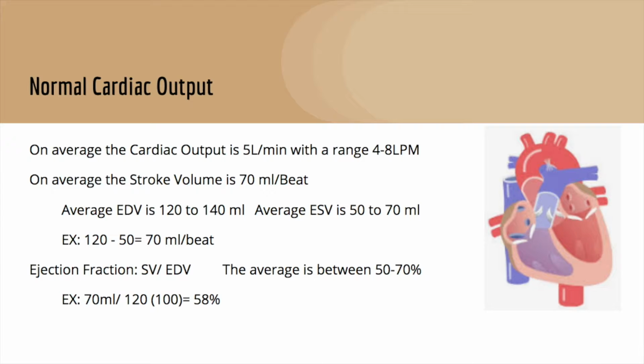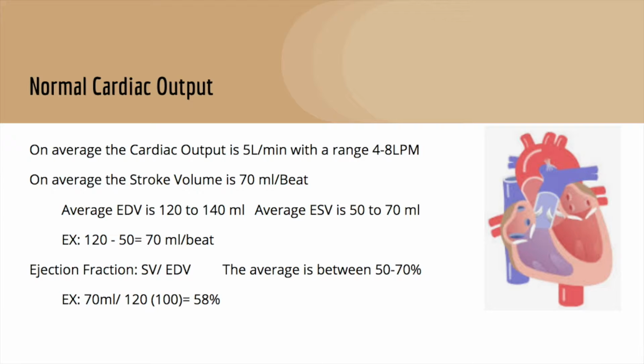So an example would be an end diastolic volume of 120 minus the end systolic volume of about 50 equals about 70 milliliters a beat.